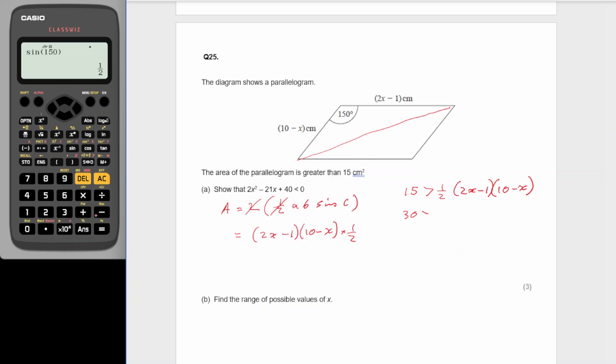So 30 has to be greater than, and then if we multiply out this bracket, that would give us 20x minus 2x squared minus 10 plus x. Right, so if I take everything over to the left, that will give me 2x squared, and then minus 21x, and then add 10 on both sides, plus 40 has to be greater than 0.